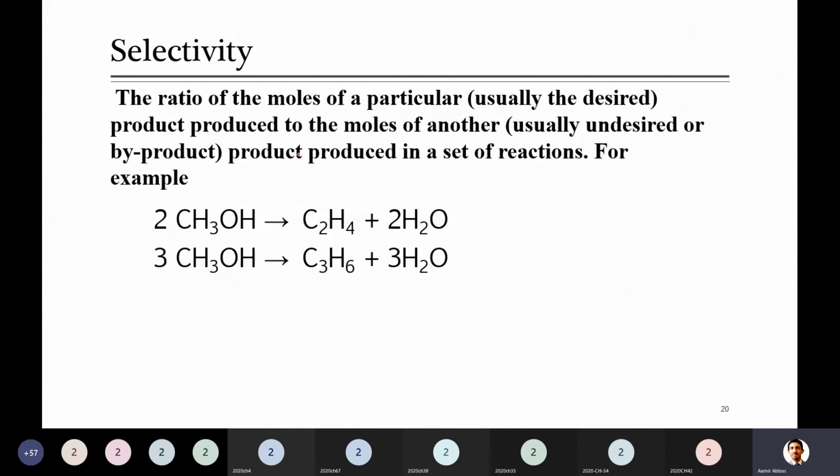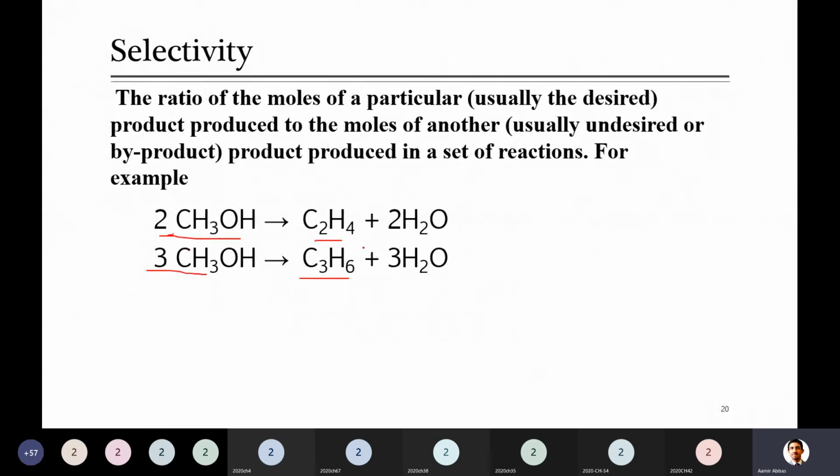If you look at these reactions given here, methanol is converted into 2 products. One is C2H4 plus water and the other is C3H6 plus water. Both products, C2H4 as well as C3H6, are produced as a result of the decomposition of this methanol.